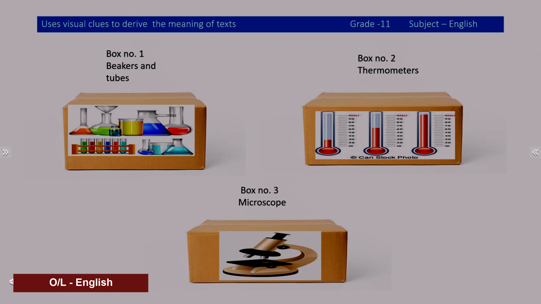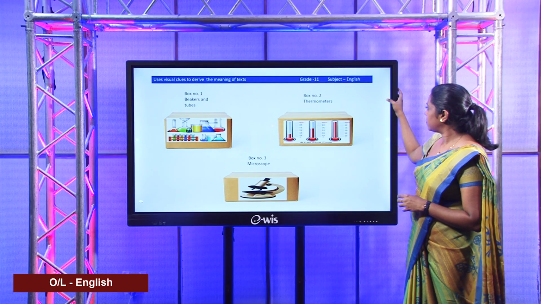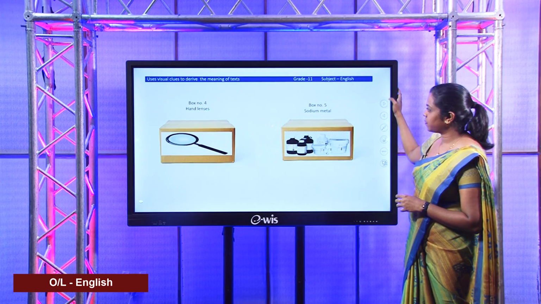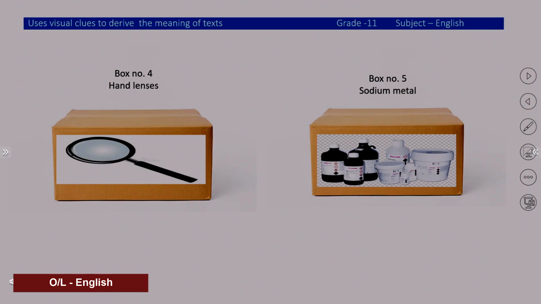First one, beakers and tubes. You know what these are made of. Box 2, thermometers. Box 3, a microscope. Box 4, hand lenses. Box 5, sodium metal.